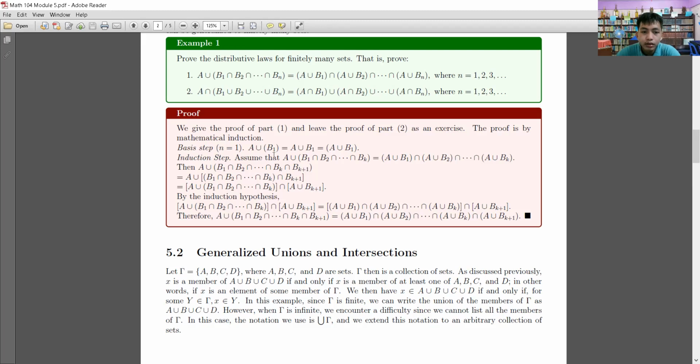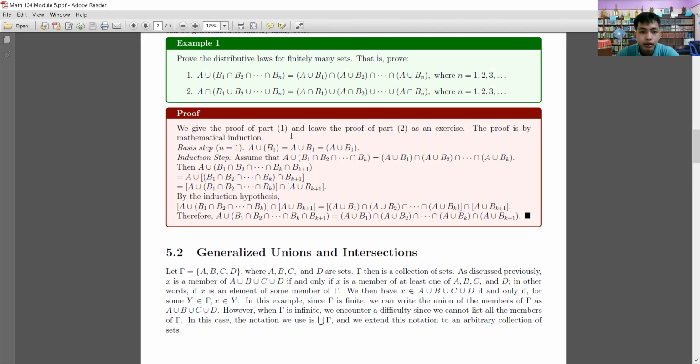Then, using our induction hypothesis, this first part is equal to the one with the unions distributed. So we have A union B sub 1 intersection A union B sub 2 to A union B sub k intersection A union B sub k plus 1, which is what we needed to show.